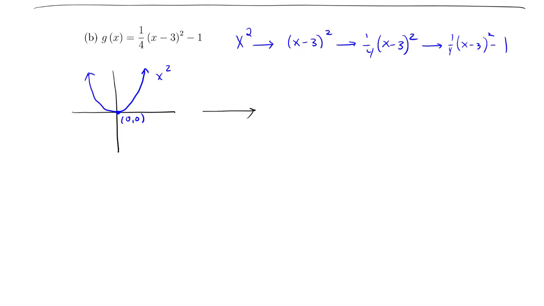And then I'm going to do the x minus 3 squared. So again, if I'm doing x minus 3 all squared, I subtracted 3 from the x, so this is going to be some sort of horizontal shift, and because I subtracted 3, that's going to move it to the right 3. 1, 2, 3.